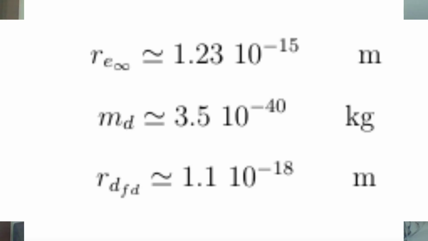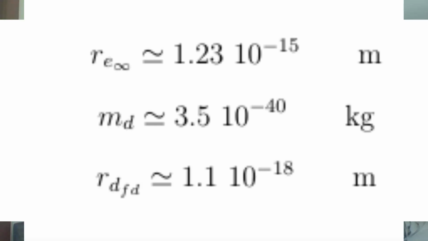So the mass of the daon is some 10 to the minus 40 kilos, and its size is about 10 to the minus 18 meter. So the size of a daon is about one part in 1,000 of the reference radius of the electron, which means that within an electron you have something like 1 billion effective daons.